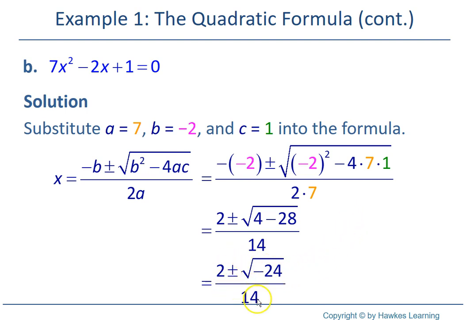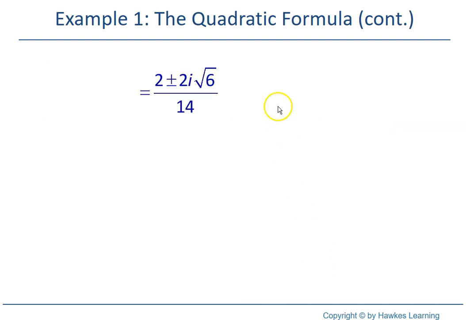And when you finally get to this point, you get this. Now, let me go over how they got this. This is a review of an earlier chapter. We had under the radical sign a negative 24. Well, we're going to take out the i. That makes this 24.